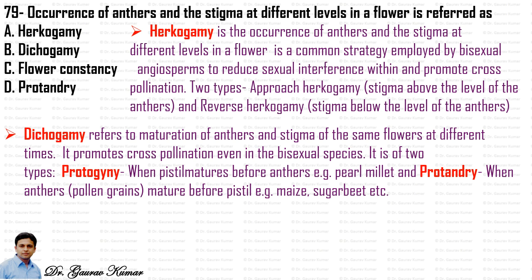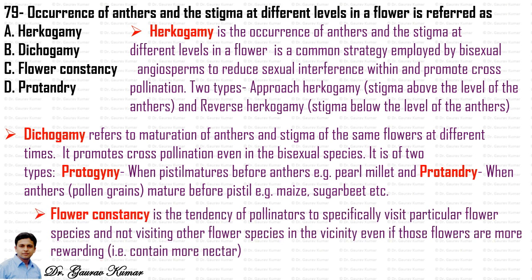Protogyny, when pistil matures before anther, for example pearl millet, and protandry, when anther, that is pollen grain, matures before pistil, for example maize, sugar beet, etc. So dichogamy and hercogamy are the phenomena to prevent self-pollination, but hercogamy is the separation of the 2 sexes spatially, meaning they are located at different positions, while dichogamy is the separation of sexes due to time because they mature at different stages.